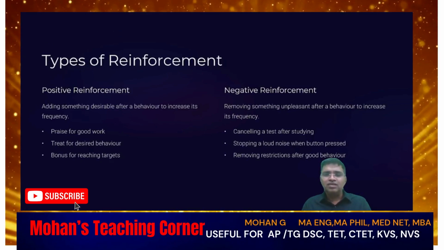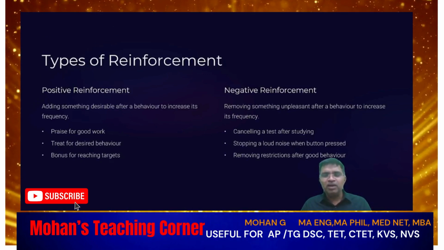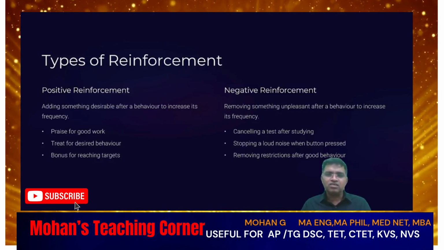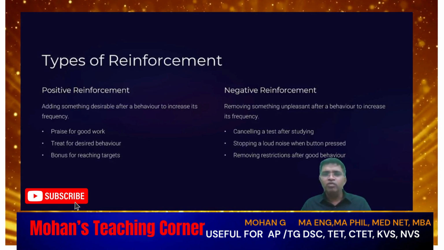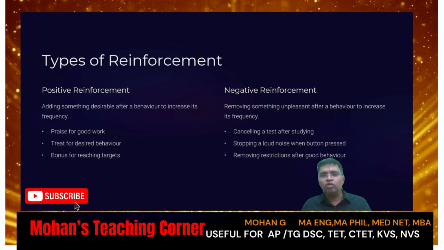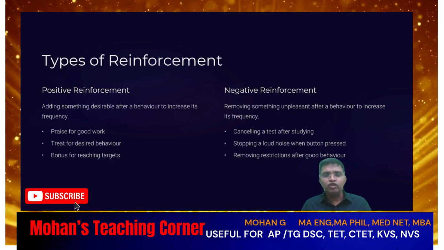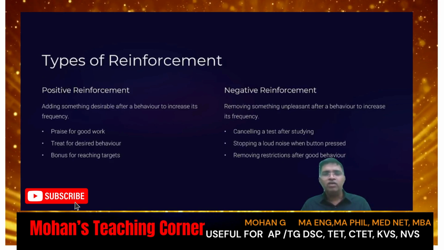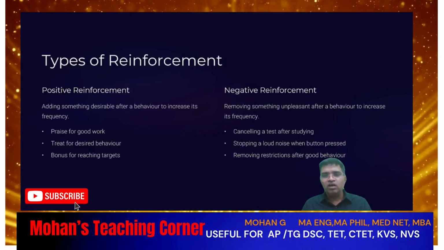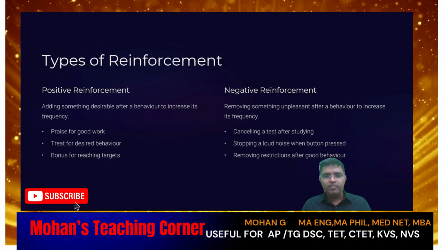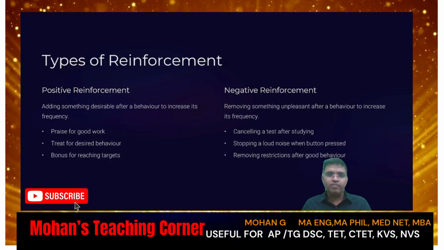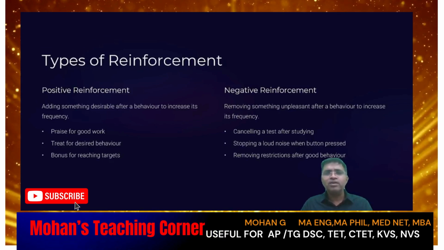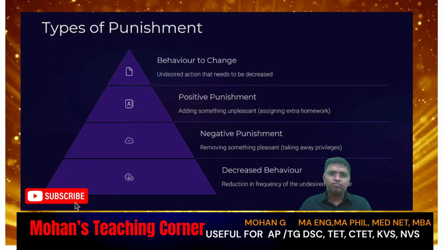In the classroom, when children are shouting, you make some noise like this and they stop. Remove restrictions after good behavior. So the negative condition is reduced or removed if the student has good behavior or has done a good thing. So the types of reinforcement are positive reinforcement and negative reinforcement.